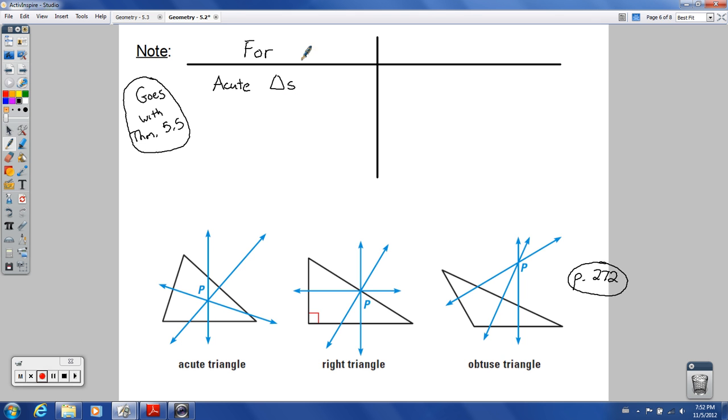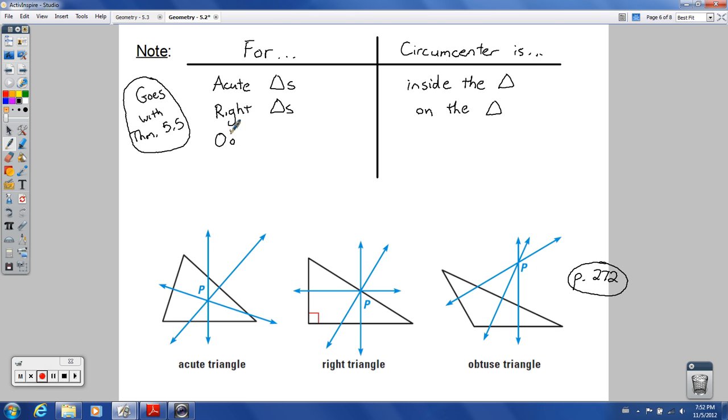Important note to make here: acute triangles, the circumcenter is inside the triangle. For right triangles, that's right here, right triangles, circumcenter is on the triangle.